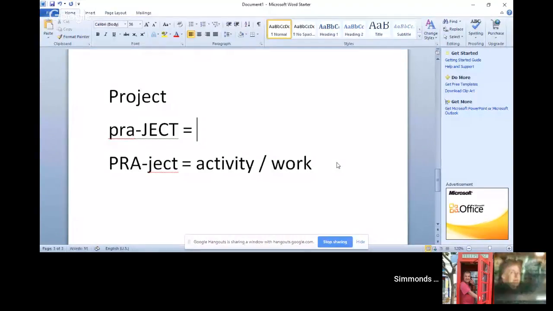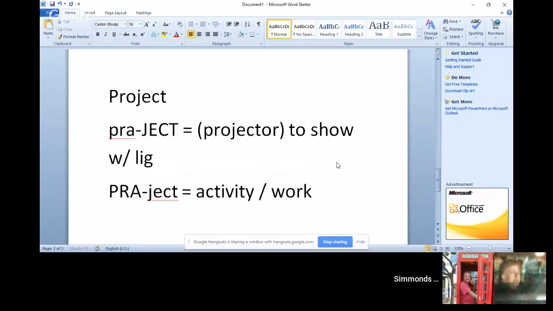And the other one, project, do you know when you were in school, they used to have something called a projector. This is when, with the lights off, you can have an image projected on the wall, to show with light. I don't know how to say this, but they're projecting something onto the wall.